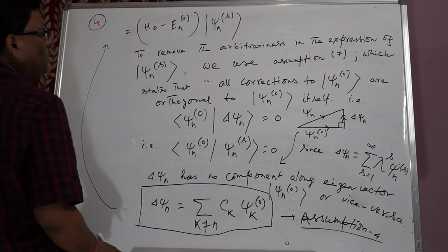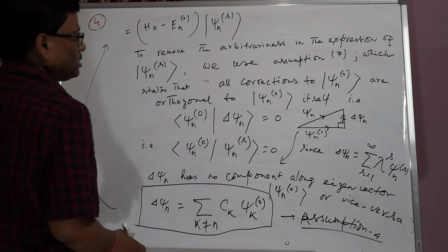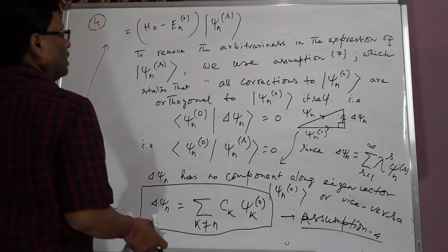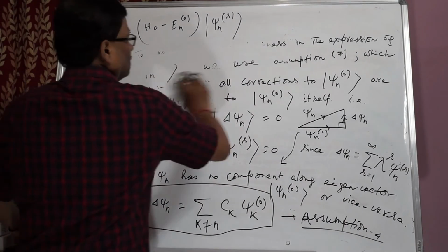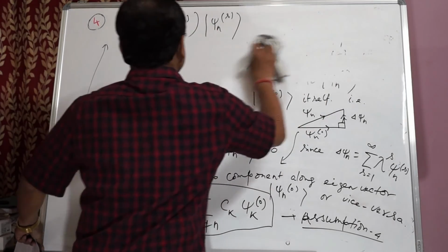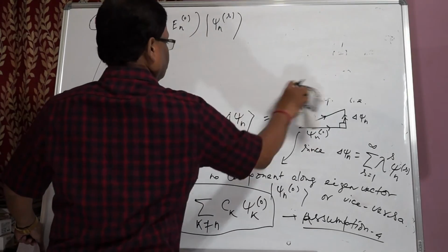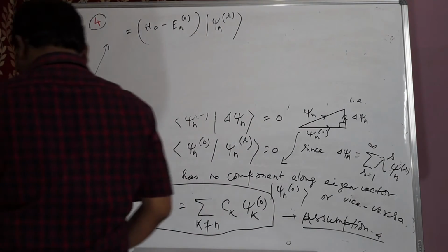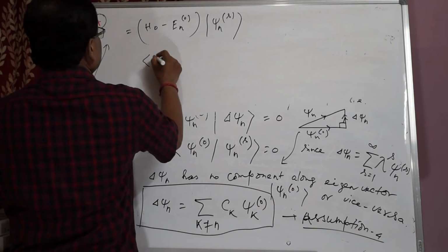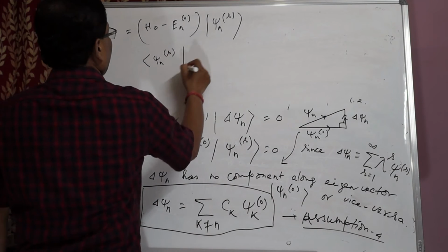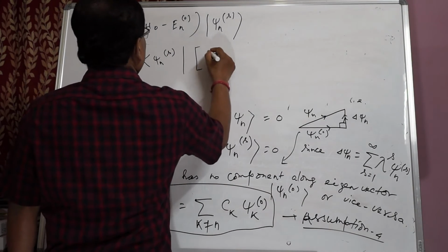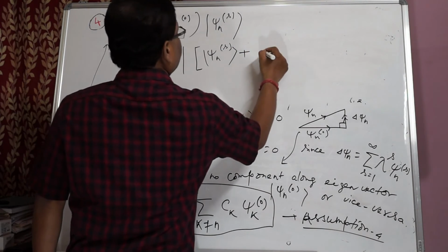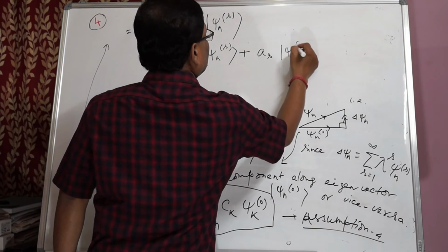So how do we use these assumptions to remove this arbitrariness? I can check. So I write psi n s to psi n s plus a s psi n 0.